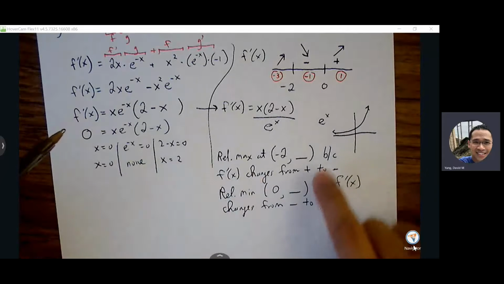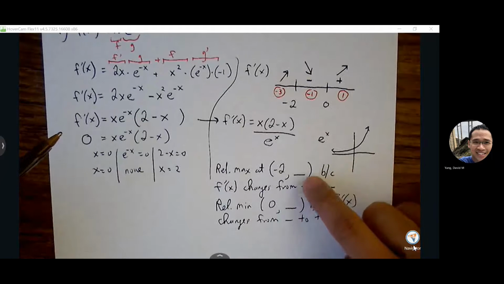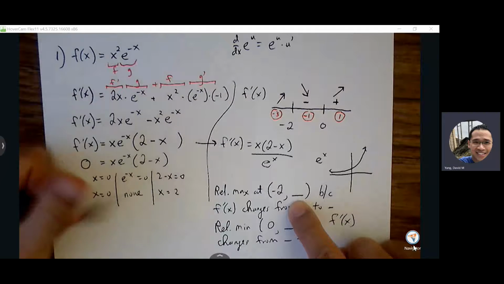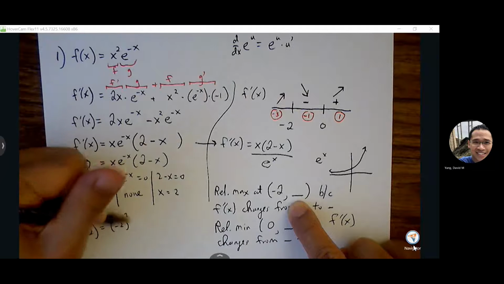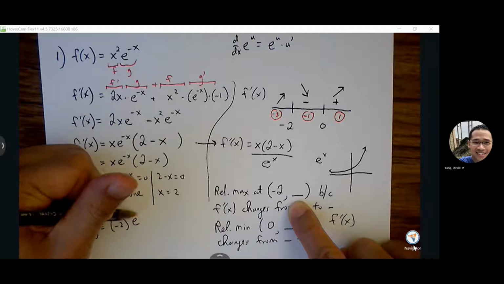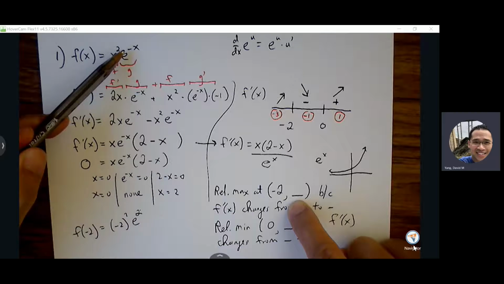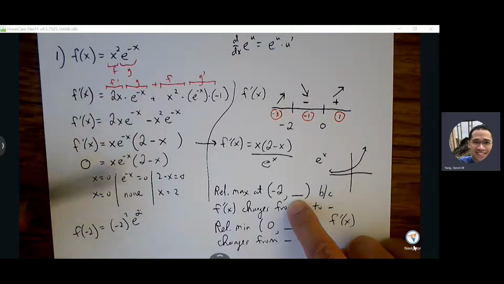So how can I find the physical locations of these ordered pairs? Original, good. All right, so original. Now, this is e to the negative x, so if I raise e to the -2, then that becomes e to the +2.